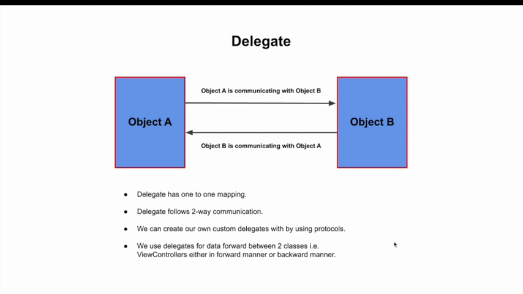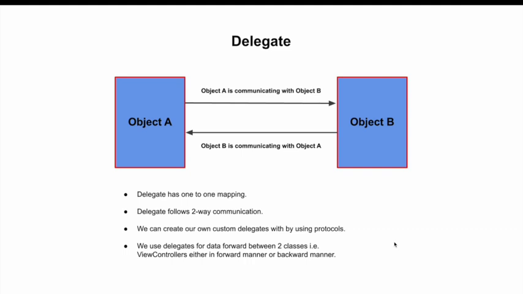We have other points about the delegate, like we can create our own custom delegates. If you are a beginner or an experienced developer, you might be aware of the UITableView delegates. Those are predefined, existing delegates which we use to communicate from UITableView to the view controller in our UI.